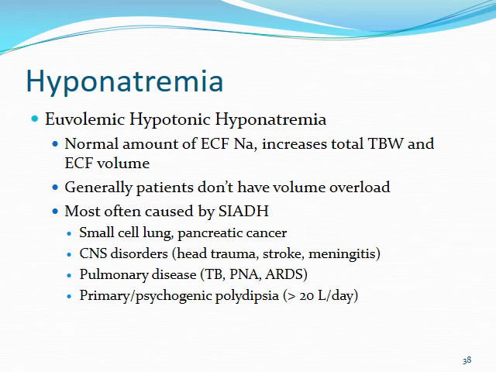So if you have a patient who has euvolemic hypotonic hyponatremia, essentially what you're seeing here is the patient has basically a normal amount of sodium in the extracellular fluid, but what's happening is you're having an increase in your total body water and in the extracellular fluid volume. So what that's doing is actually diluting out the sodium that's there, even though it's relatively a normal amount.